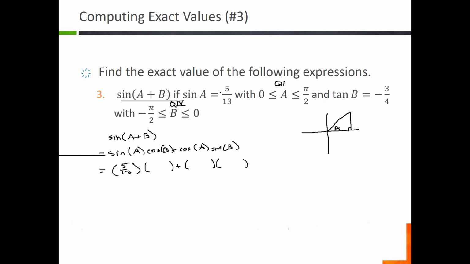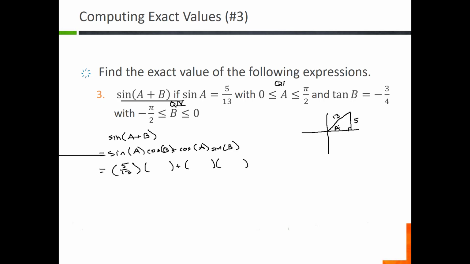Because we're talking about the sine of A, we know sine of A is 5/13. So with sine, I could think of that as being the opposite side, which is the vertical side of the triangle, as 5, and the hypotenuse as 13. So I know the sine of A is 5/13, and that's opposite over hypotenuse.